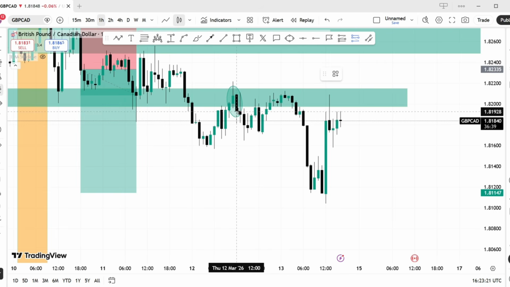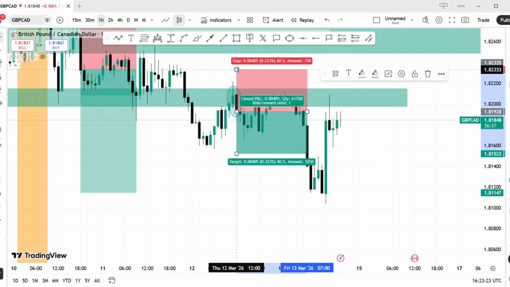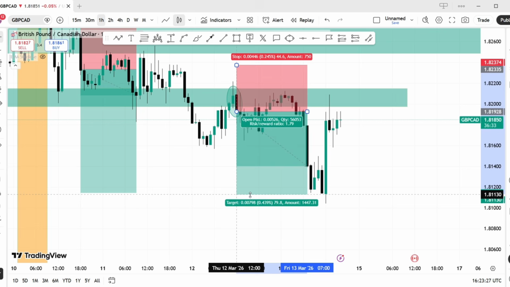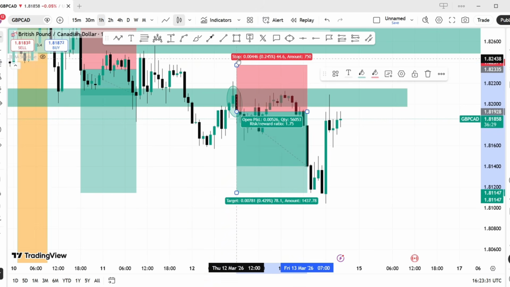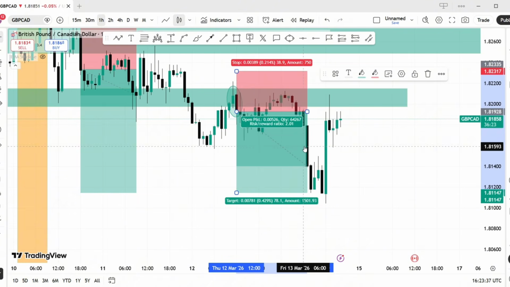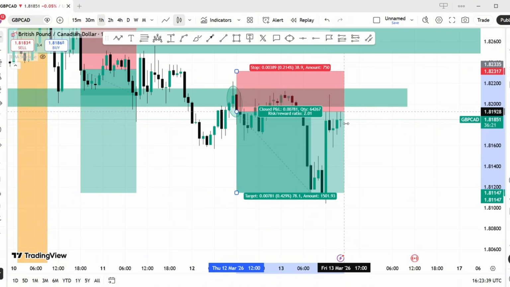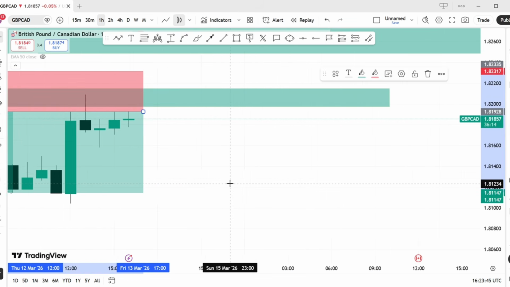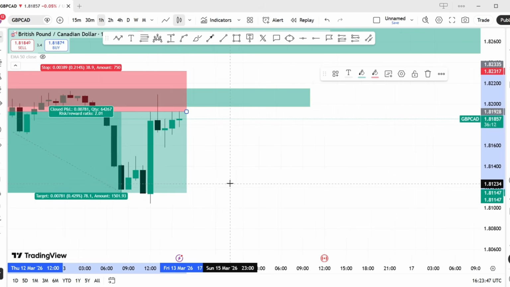I placed my stop loss below the engulfing candlestick, and then I was targeting the next area, right? This is how I was able to make $1,000 in total profit. I hope that explains why I took the trade.